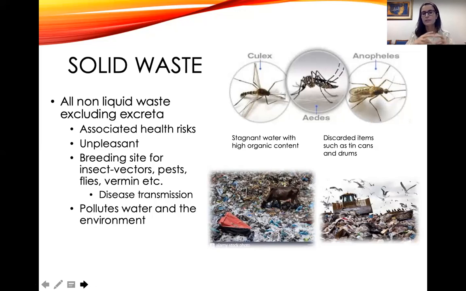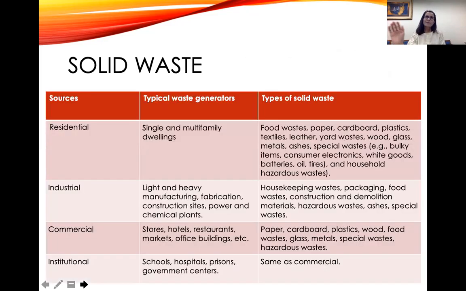And that means the chance of disease to spread increases. And it also means the chance for contamination across the environment from one place to the other also increases, partly because of where it's placed and how water and air and other things could take it away, but also partly because of its interaction with the biosphere in the environment. And every time you talk about solid waste, you can categorize it in many ways.